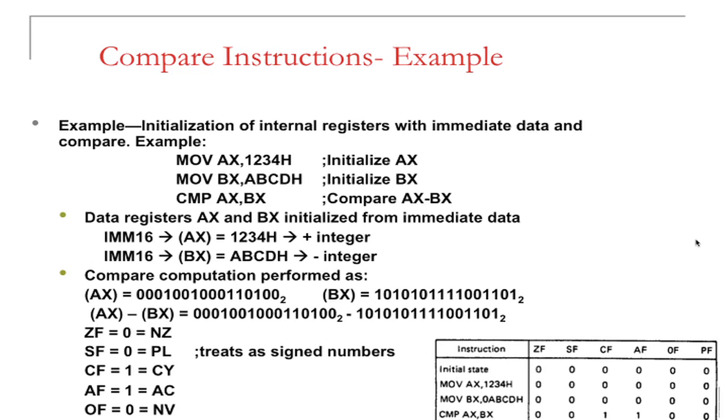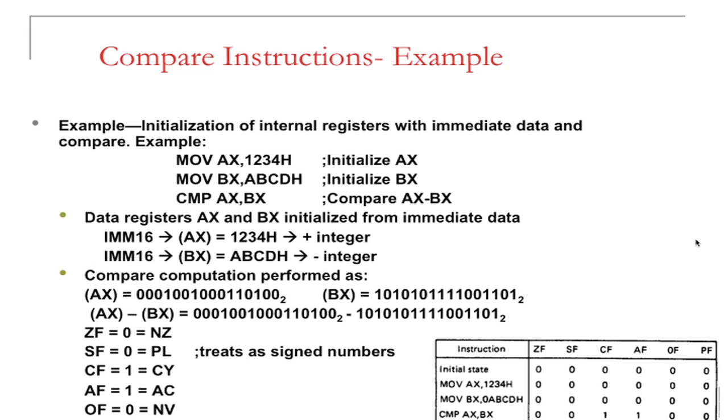And what we are doing here is a subtraction. We're going to subtract BX from AX, and AX is this value 1, 2, 3, 4. BX has ABCD, and these two numbers are treated as signed numbers when we do the subtraction.